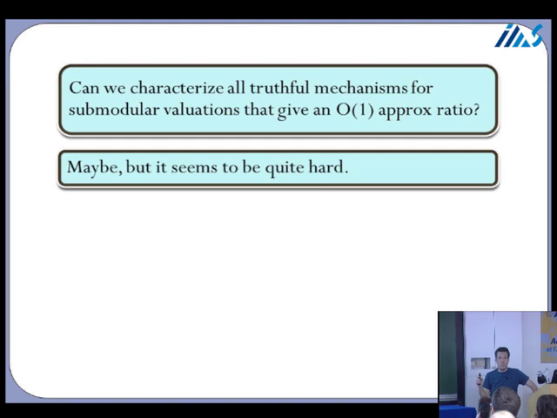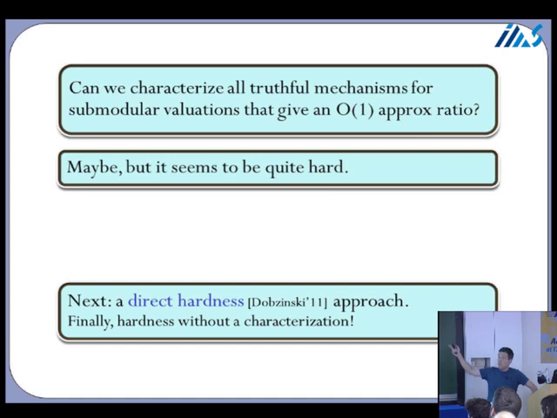But we know that if we let the approximation ratio be like 2.1, 2 plus epsilon, whatever, then suddenly there are many truthful mechanisms that are not maximal in range and they are not triage auctions. And we do not even have a good conjecture of how this set of algorithms looks. So this does not seem to be very promising.